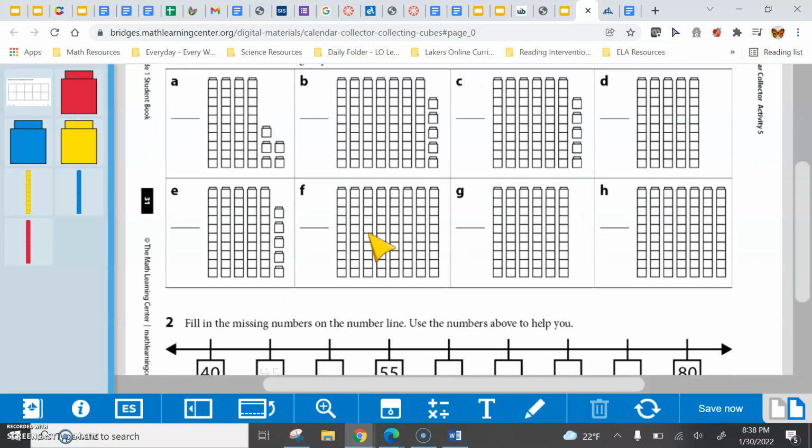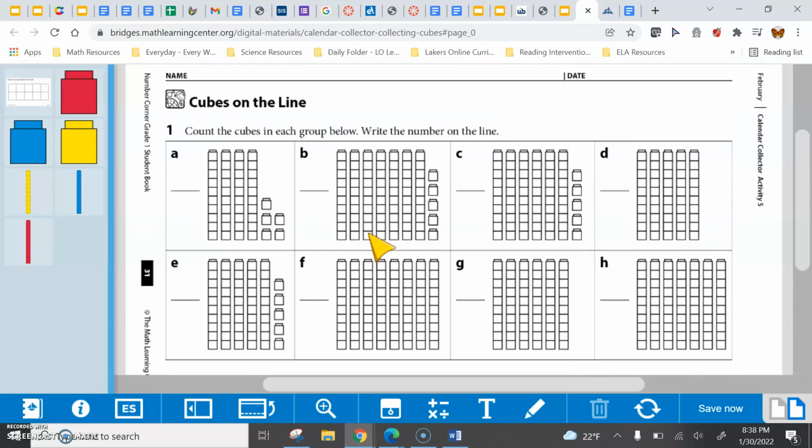What I'd like to do, All Stars, is take that page 31 and help you get started with working on it. What you're going to do on this page is this. We have 8 different problems on this part of the page where you have to count how many cubes you have in part A. So we know that each long, which is a group of 10, is equal to 10.